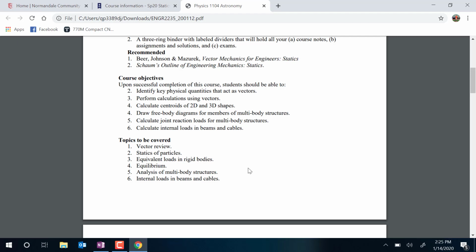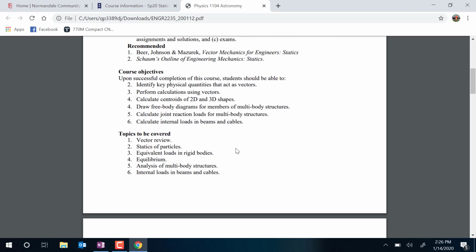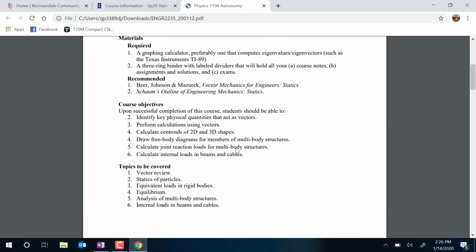Is that 1.5 inches? That would be okay. Smaller than that will get tight, and it's a pain to have it all crammed in there, so it's better to go too big than too little. I'll talk more about the setup of the binder when we get below.